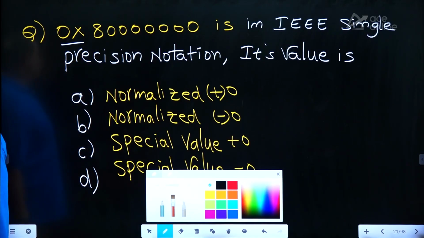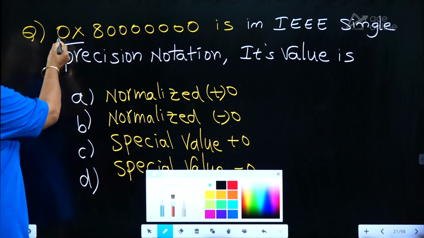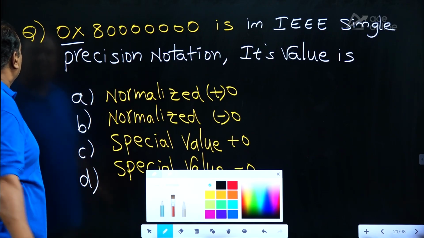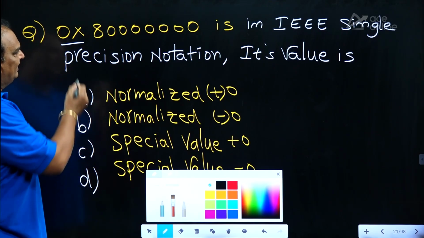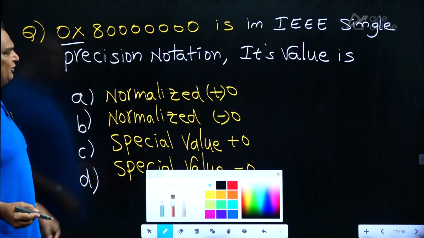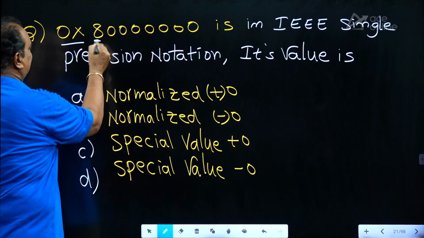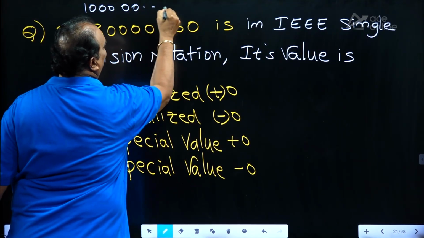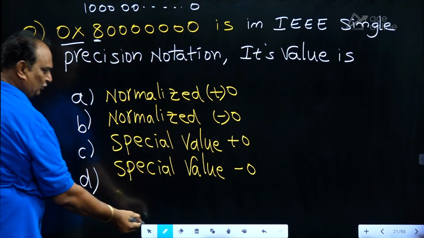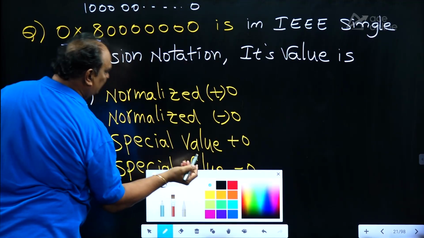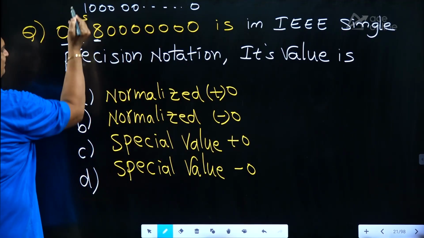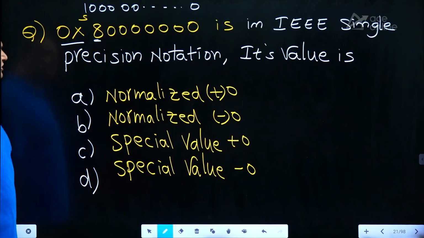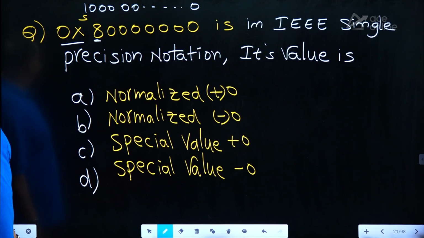Here, the given data is in hexadecimal because if we write 0x before data, that data belongs to hexadecimal. That's why if you convert into binary, 8 means 1000, and the remaining are all zeros. Already we know the format. The MSB tells the sign. The remaining all zeros mean the mantissa is 0 and the exponent is 0. So it is not a normalized 0.